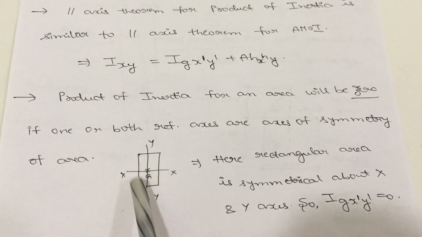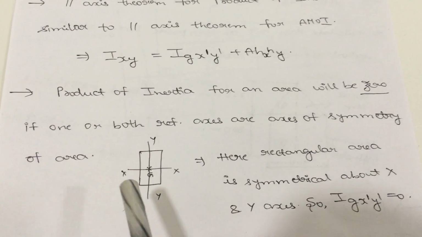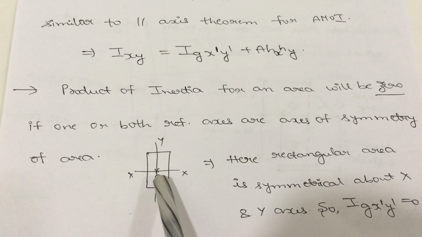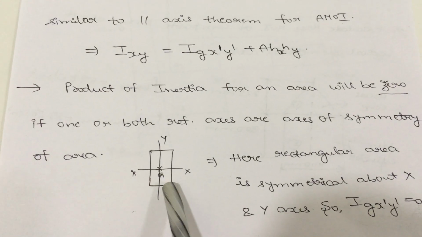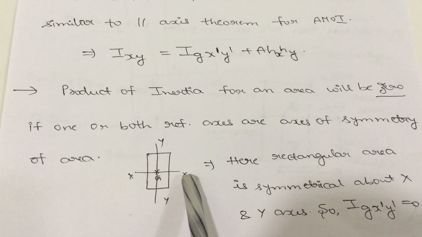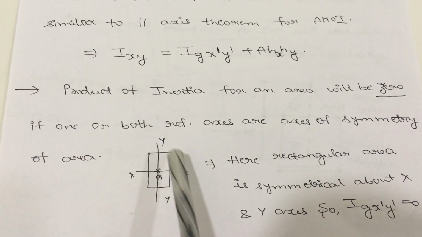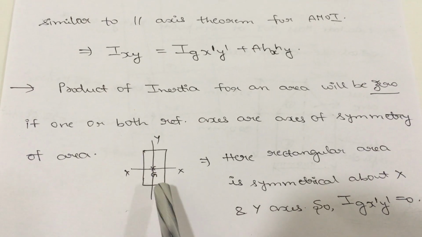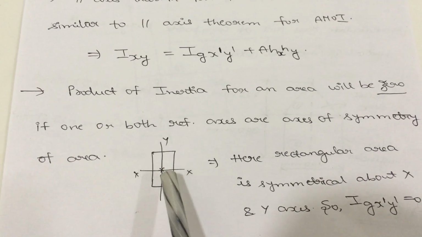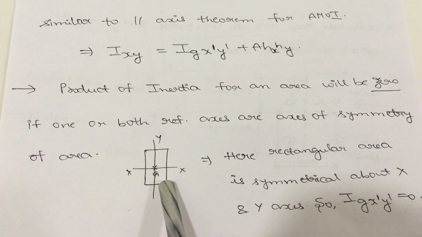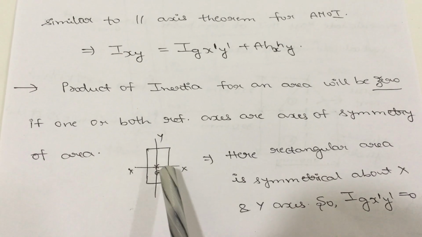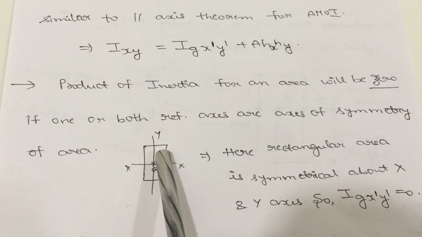For example, if you consider a rectangular area, here G is the centroid point of this rectangular area, xx is the centroidal x axis, and yy is the centroidal y axis, and this complete rectangular area is symmetrical about the x axis as well as the y axis.